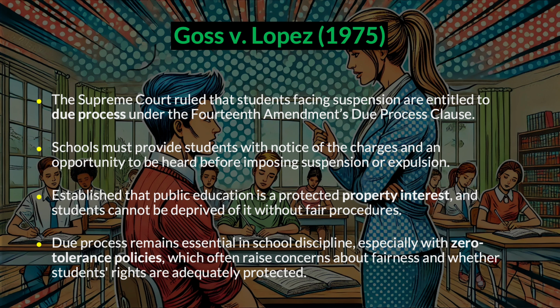Lopez, 1975, the Supreme Court ruled that students must be given notice of the charges against them and the opportunity to explain their actions before facing disciplinary consequences. This ensures that school disciplinary actions are carried out fairly and justly. Now let's move on to see how ethics, law, and human rights intersect in the teaching profession.